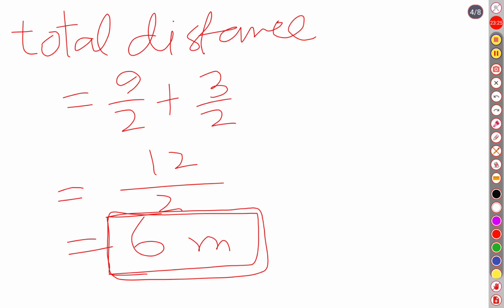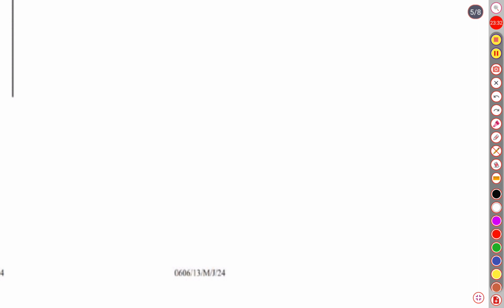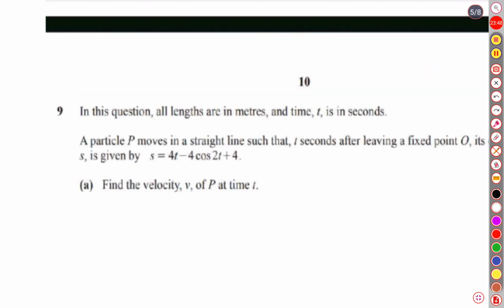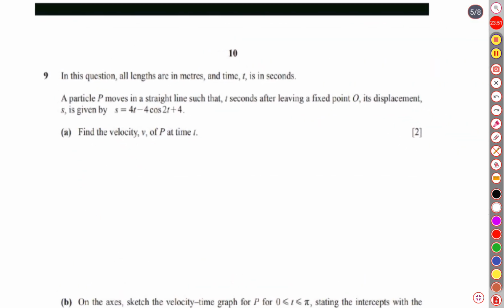If we solve one more problem, I think it will be easier for you to understand. The next question we are going to solve is this. You can see the paper 0606/13, May/June 24, from the same AdMath book. The question we are going to solve is question number 9.